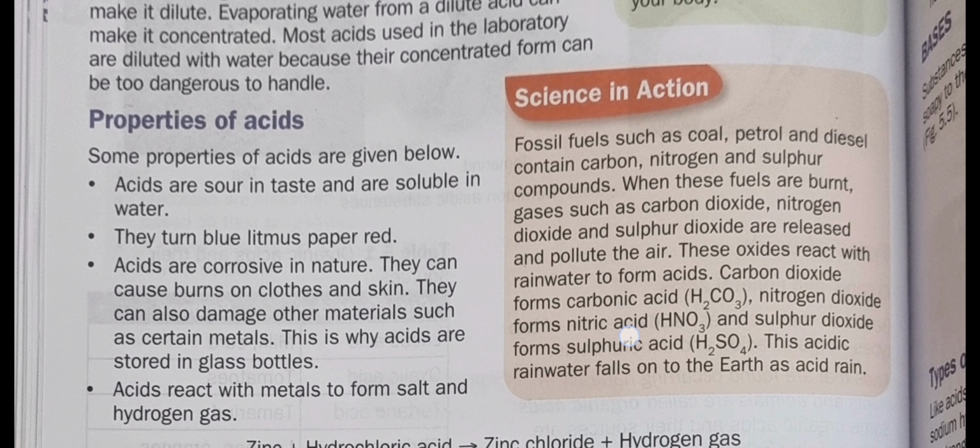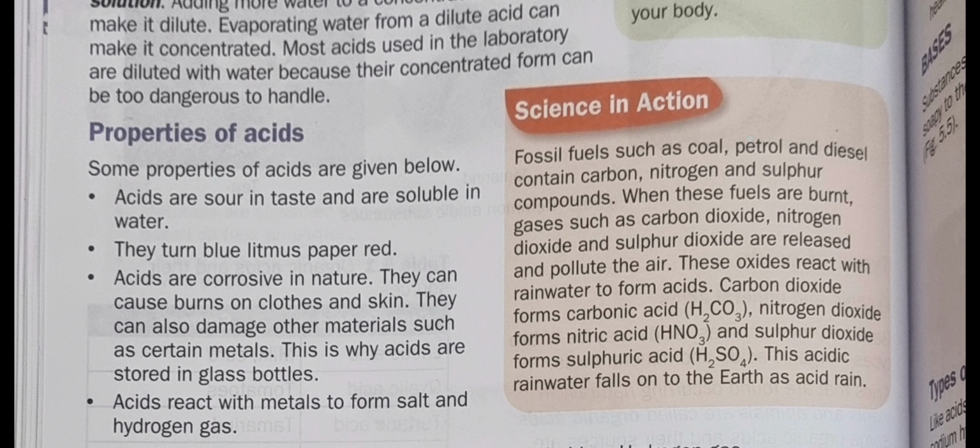Science in action means real life. Fossil fuels such as coal, petrol and diesel contain carbon, nitrogen and sulfur compounds. When these fuels are burned, gases such as carbon dioxide, nitrogen dioxide and sulfur dioxide are released and pollute the air.